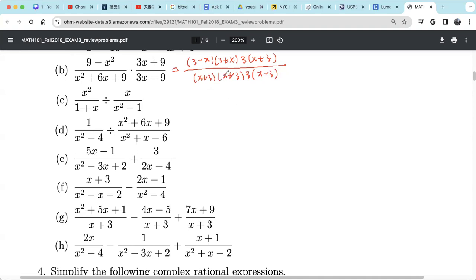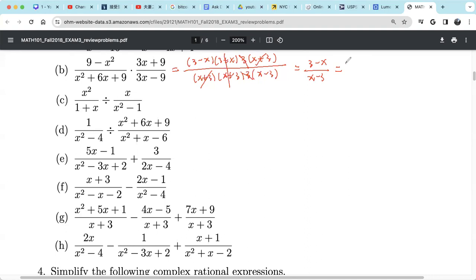Now let's see. I have 3 plus x, which is the same as x plus 3, so those two cancel. Then x plus 3 again. So I'm left with 3 minus x in the numerator and x minus 3 in the denominator. Now let's look at those two.